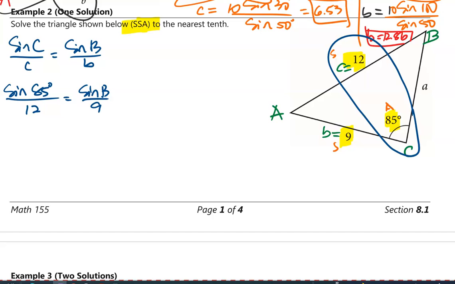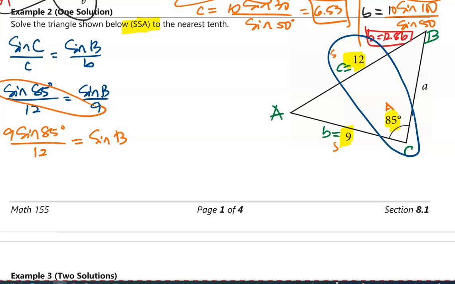And we cross multiply. So 9 sine of 85 degrees over 12 is equal to sine B.